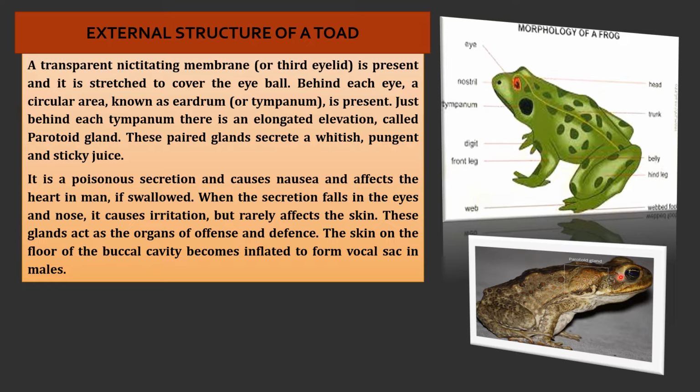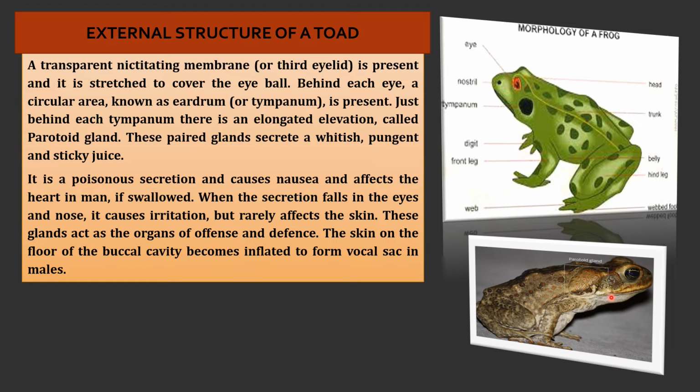And obviously, this is the tympanum. And see, within a box it has been shown that it is the parotid gland which is present behind that tympanum. So it's an elongated elevation. See, it's an elongated elevation-like structure called the parotid gland.